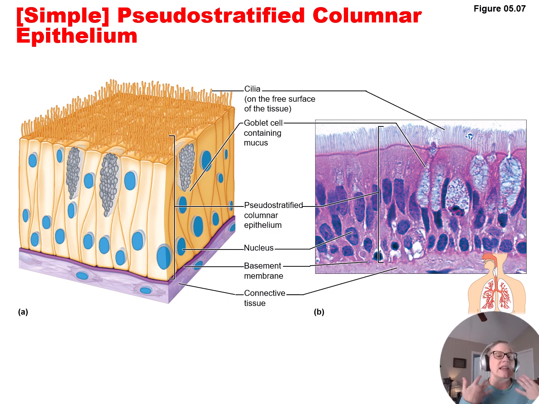So you find these cells lining your trachea and parts of your respiratory tree, like your bronchi and some of your smaller branches of the bronchial tree. What they do is beat together in a coordinated fashion and help to move debris and mucus out of the lungs. So they help you to cough stuff up and get it out of your respiratory tract.